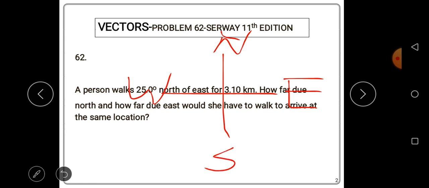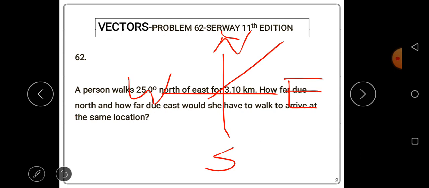So when we talk of northeast, we mean that. If this angle here is 25 degrees, then this becomes our vector. They are asking us to find how far due north and how far due east.